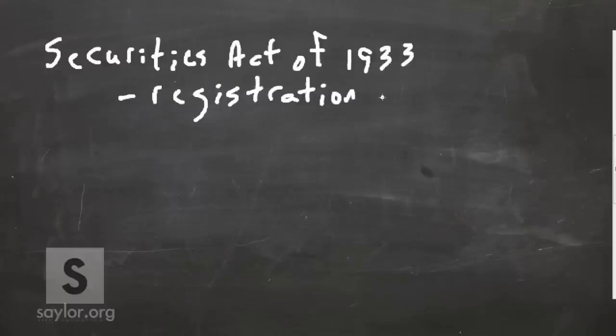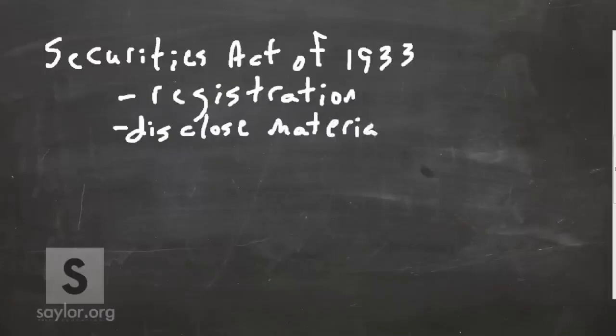The key to the 33 Act is a requirement that registration statements and offering documents disclose material information. That's information that would be important to the average investor in determining whether they want to make an investment in a particular type of security. So the investor needs the information. They need to know how to make a knowledgeable decision about investing, and that's the key to the 33 Act.